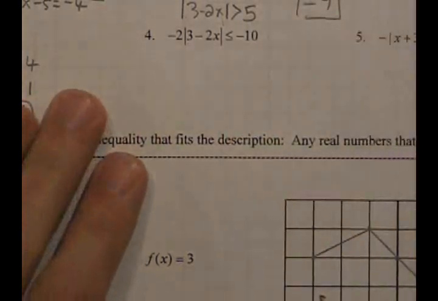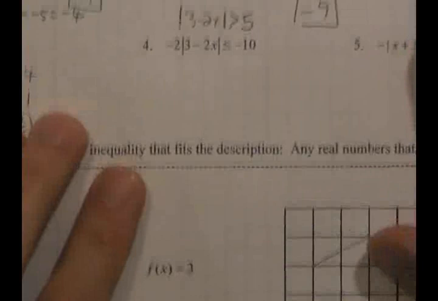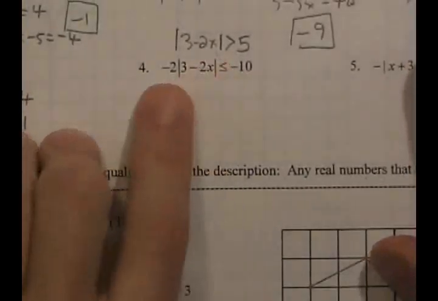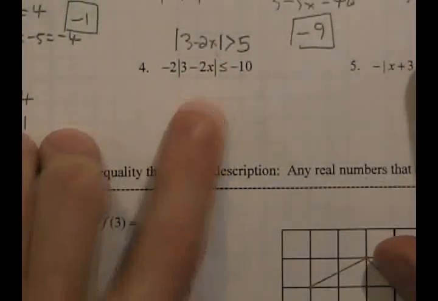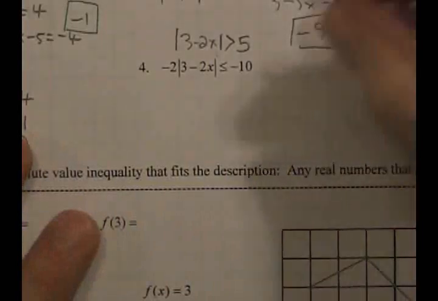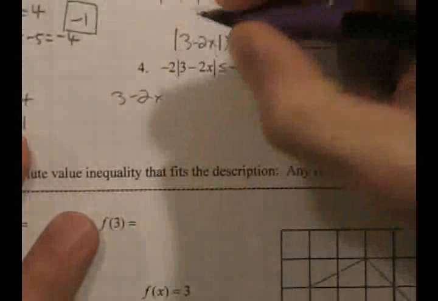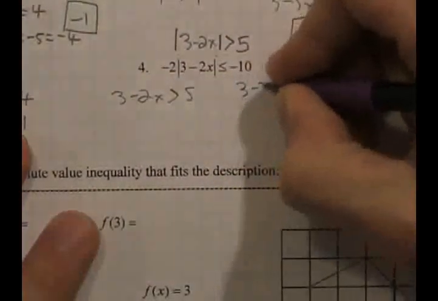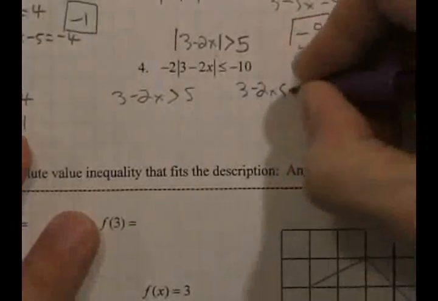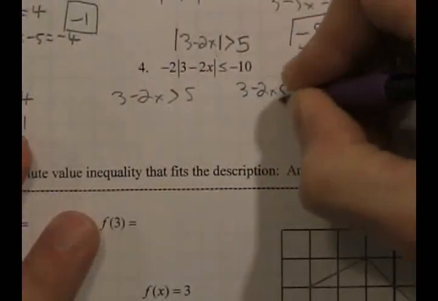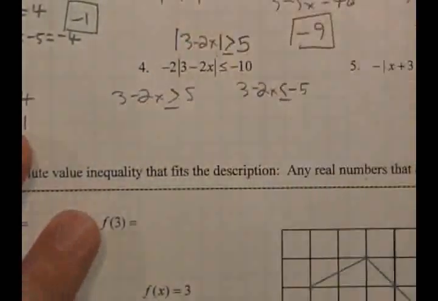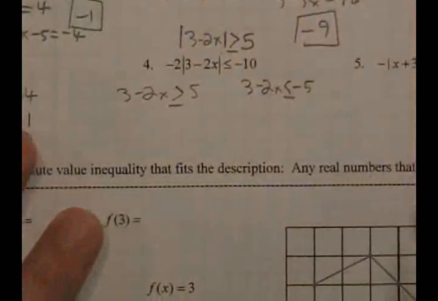So drop the absolute value bars and rewrite it. So that means that we want 3 minus 2x to be greater than or equal to 5, or we want 3 minus 2x to be less than or equal to minus 5. You see all that?